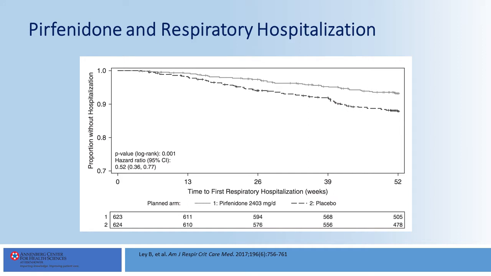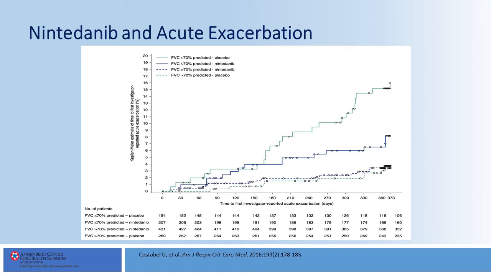For pirfenidone, when we do randomized comparisons between treated and untreated, we see that pirfenidone reduces the risk of a respiratory hospitalization over the course of 1 year. That's fairly convincing data. Those are randomized comparisons. Very similar, nintedanib seems to reduce the risk of acute exacerbation in those with more moderate to severe disease.